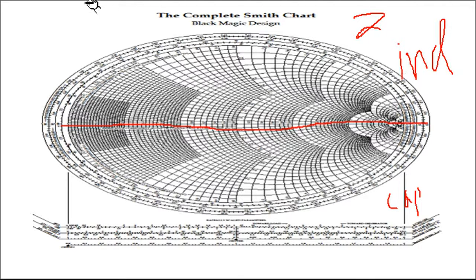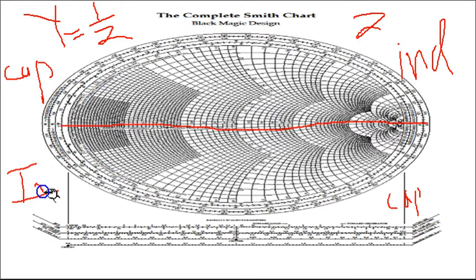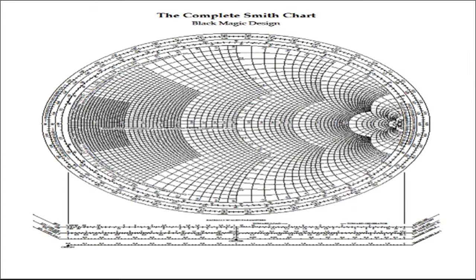And if they are represented in terms of Y, that is admittance, which as we all know is equal to 1 upon Z, then the upper half is capacitive, exactly vice versa. So in case of admittances, the upper half will become capacitive and the lower half will become inductive. Clear?